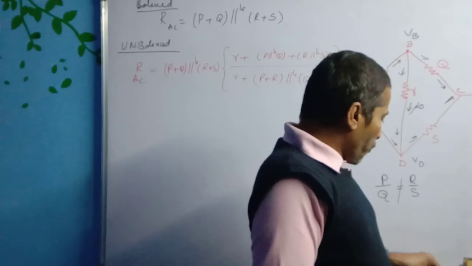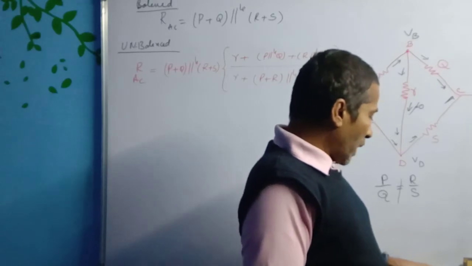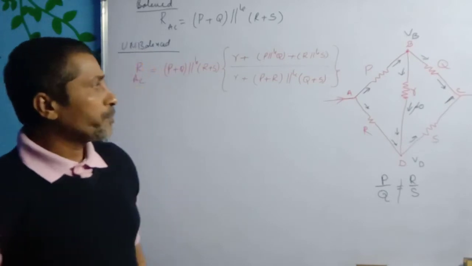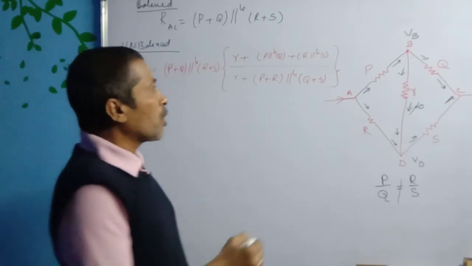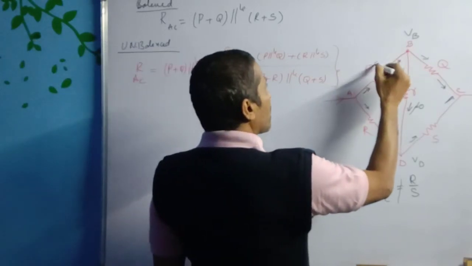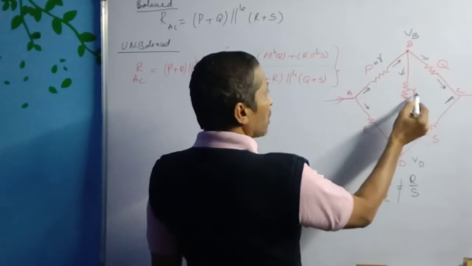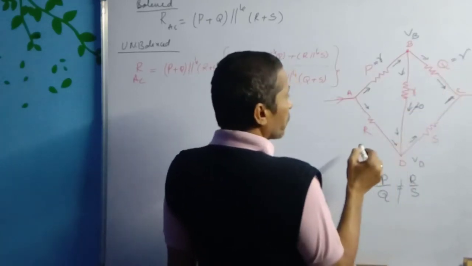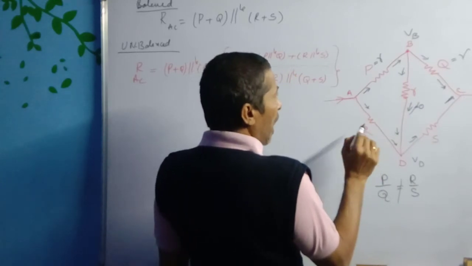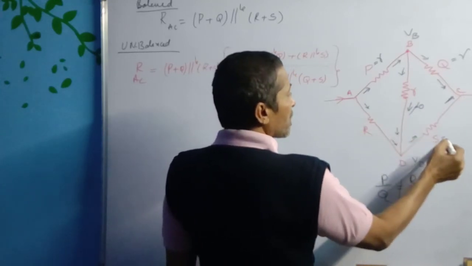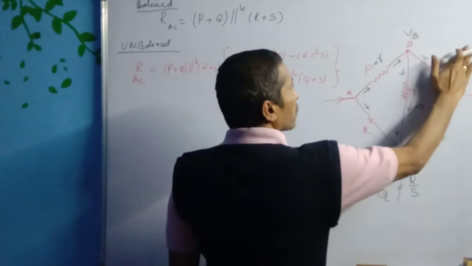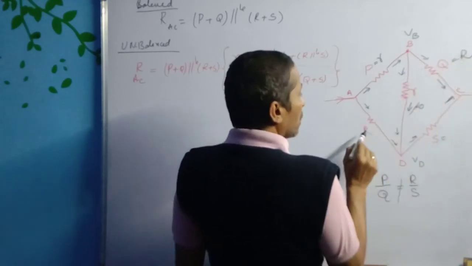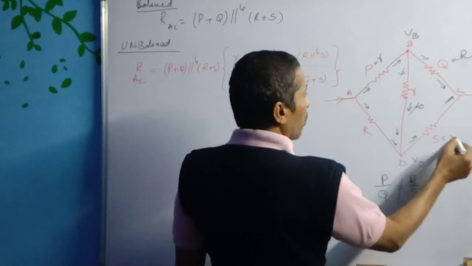If you take one circuit diagram as a practice, then you will understand this one. Let us suppose P resistance is equal to small r. This is already small r. Q is capital R. R is capital R. S is equal to small r.